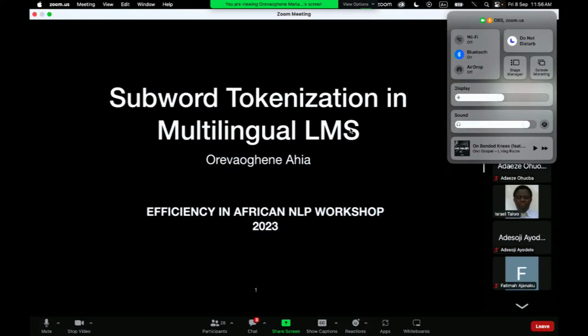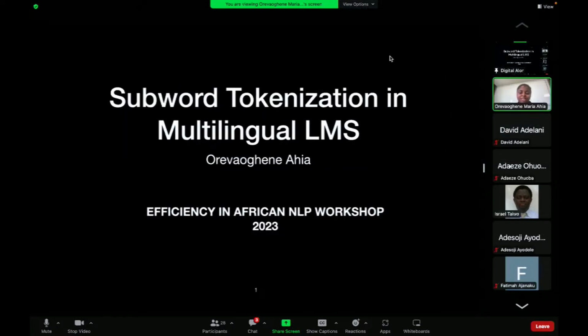Hi everyone. My name is Oriva, for short. As was mentioned, I'm a PhD student at the University of Washington, working with two incredible supervisors, Noah and Julia. I work on multilingual NLP and model interpretability. Recently, I've been interested in tokenization algorithms.